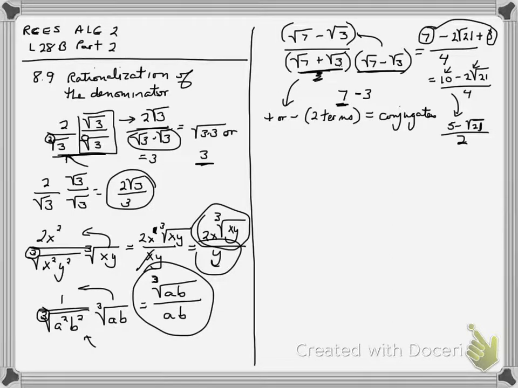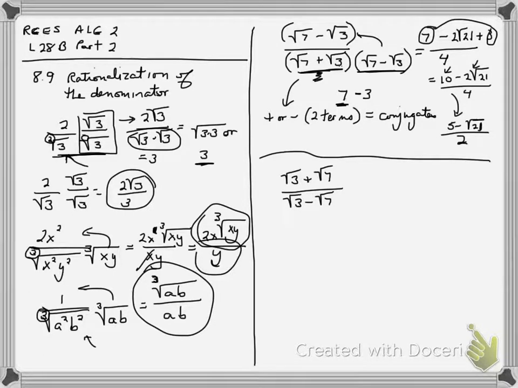All right, now let me just show that to you one more time and see if you can't start seeing this in your head. Watch. Let's say square root of 3 plus the square root of 7 over the square root of 3 minus the square root of 7. Okay.